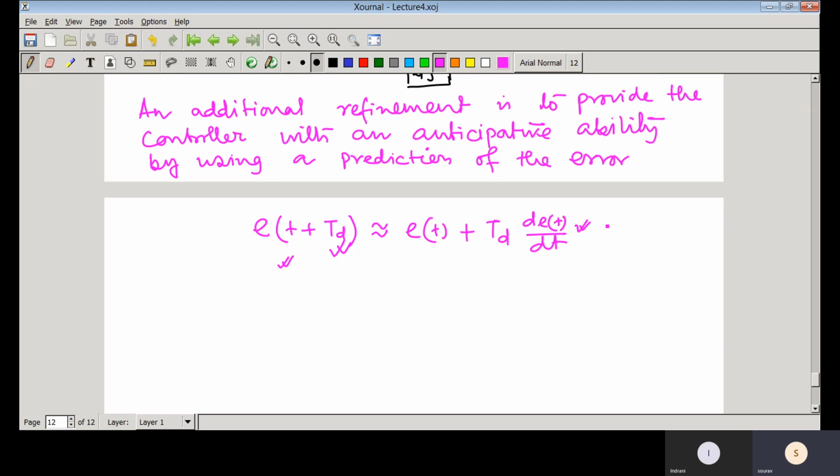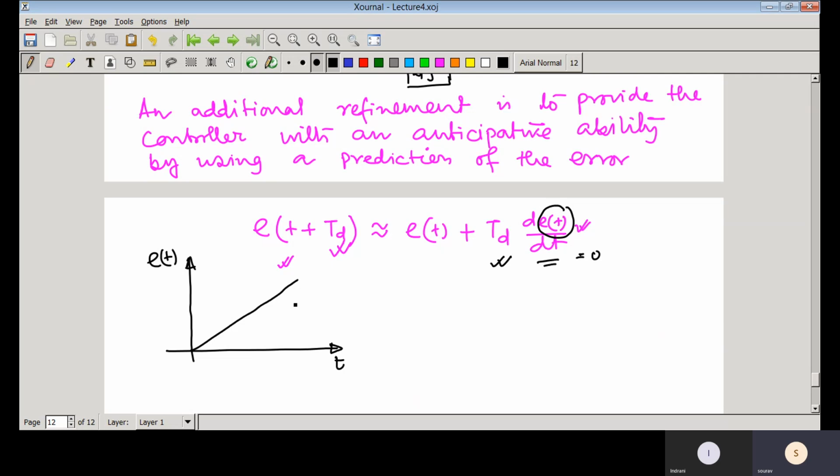So here we can see whenever you have that error signal here, et. So suppose error signal is a ramp signal, and here I would like to mention one thing. So this type of control strategy only works in the transient part, because if error is constant, then this term would be equal to 0.